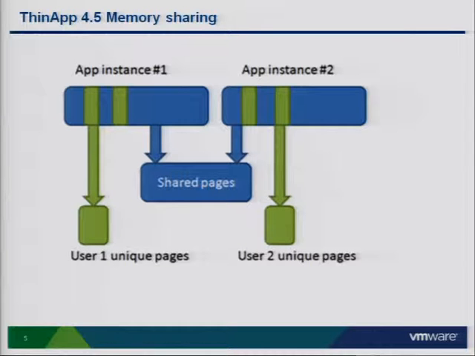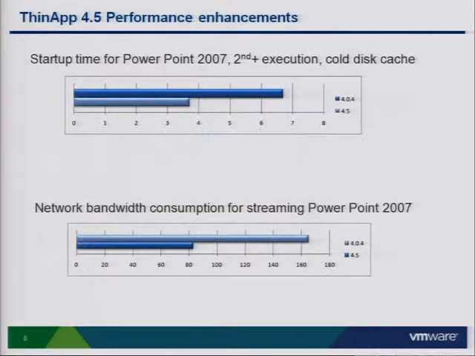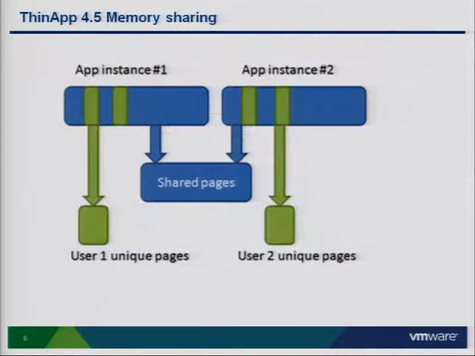If you're looking at terminal server environments, you want to be able to share those executable code pages not only across single processes, but across multiple users on the same system. So ThinApp 4.5 lets us do code sharing across a suite of applications and across multiple user logins.